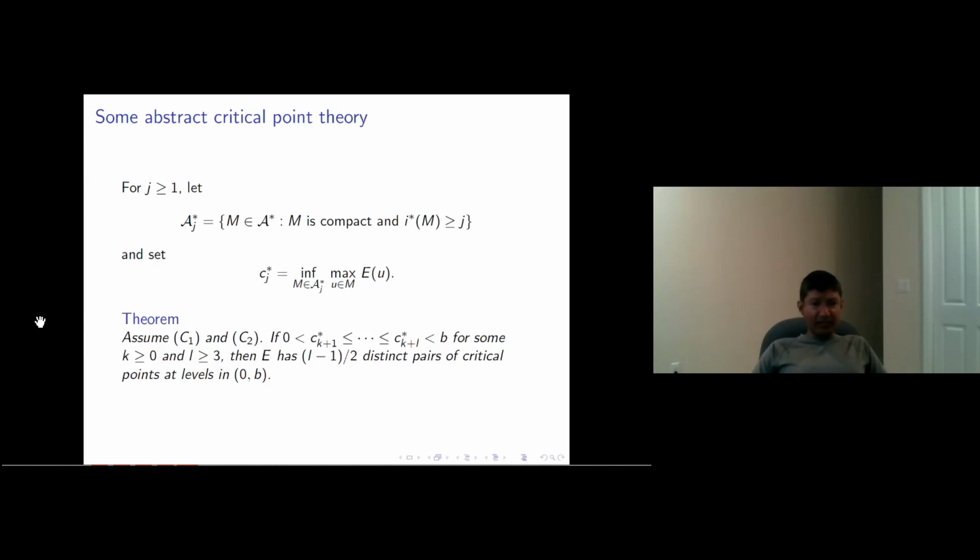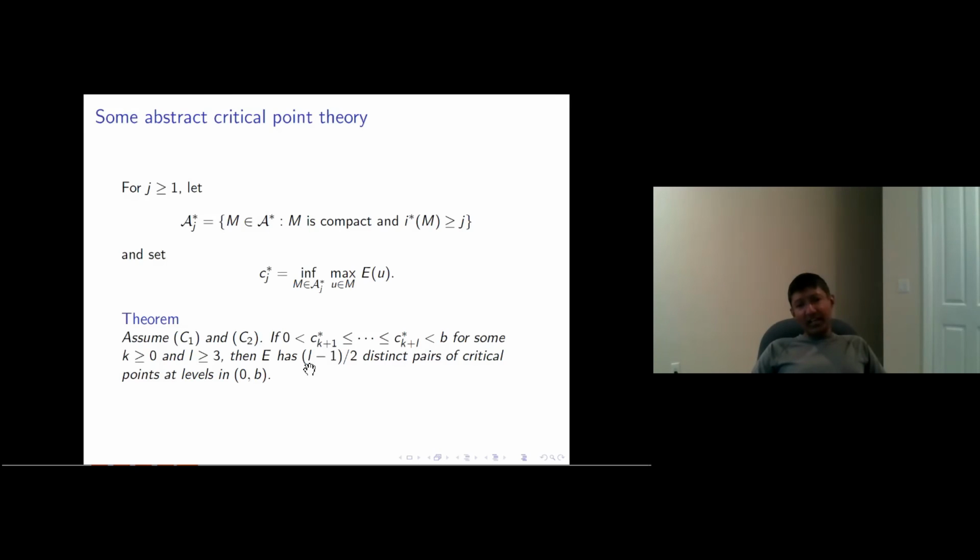And then the theorem, our multiplicity result here, is that suppose E satisfies C1 and C2, and suppose l of these min-max levels are between 0 and B. And again, B is the number that appears in C2.